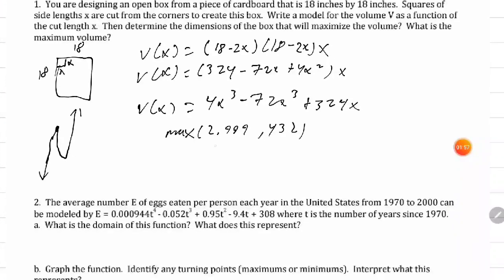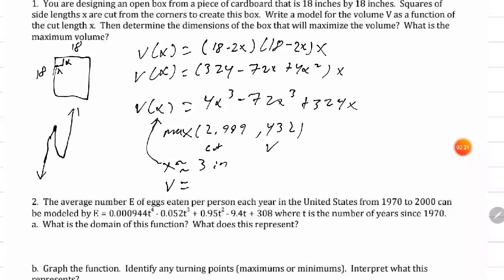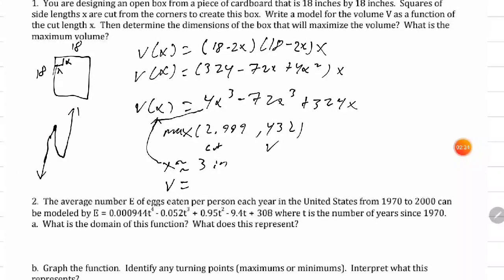So this first value again is our cut length, and then this is our volume. Since we're human, we're going to have x be our cut length of 3 inches instead. And then our volume, if we plug it into our original formula, which means all our x values are 3, I will get 432 inches cubed.